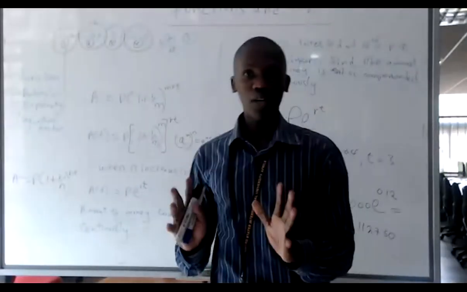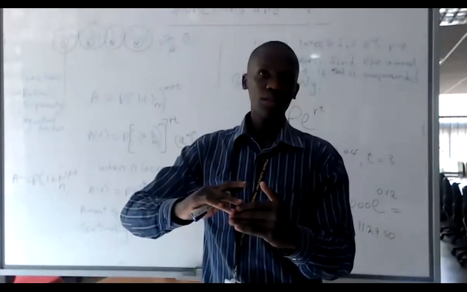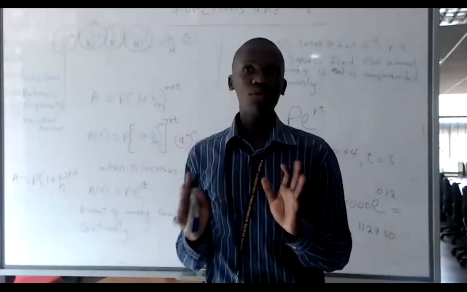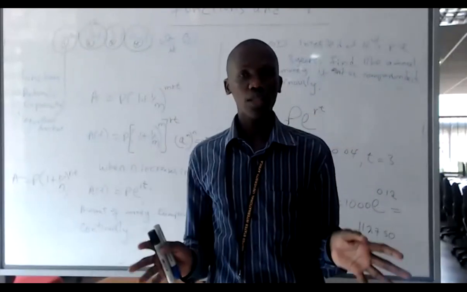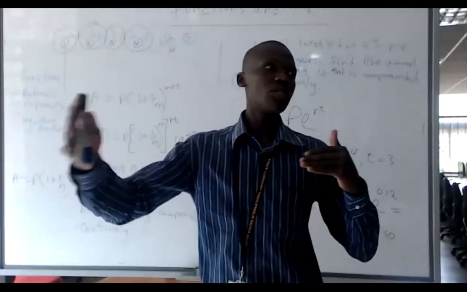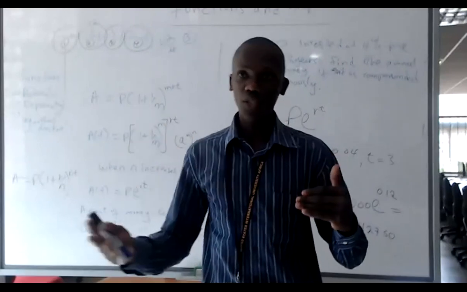So today we have learned 2 things. Number 1, rational functions. It's just a quotient of 2 polynomials. Then we have looked at exponential functions at large, and we have said that any positive real number different from 1 can be a base for the exponential function.